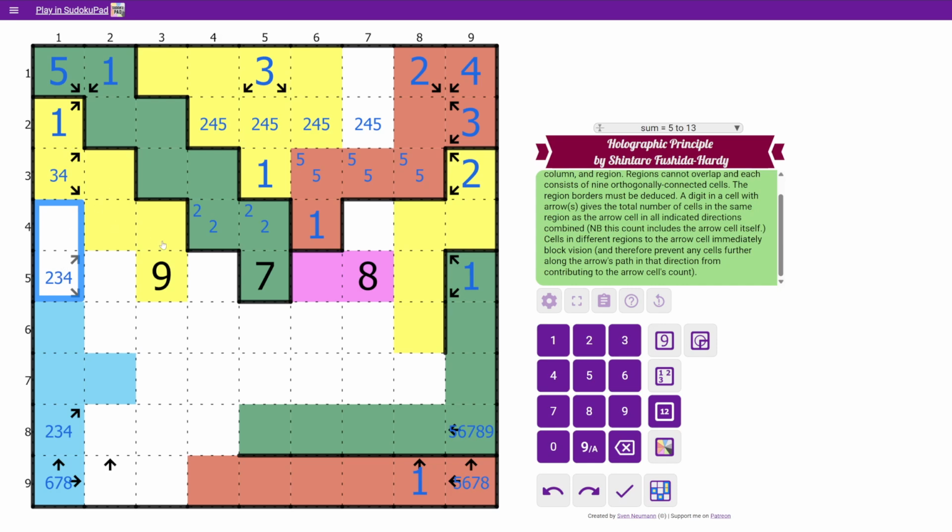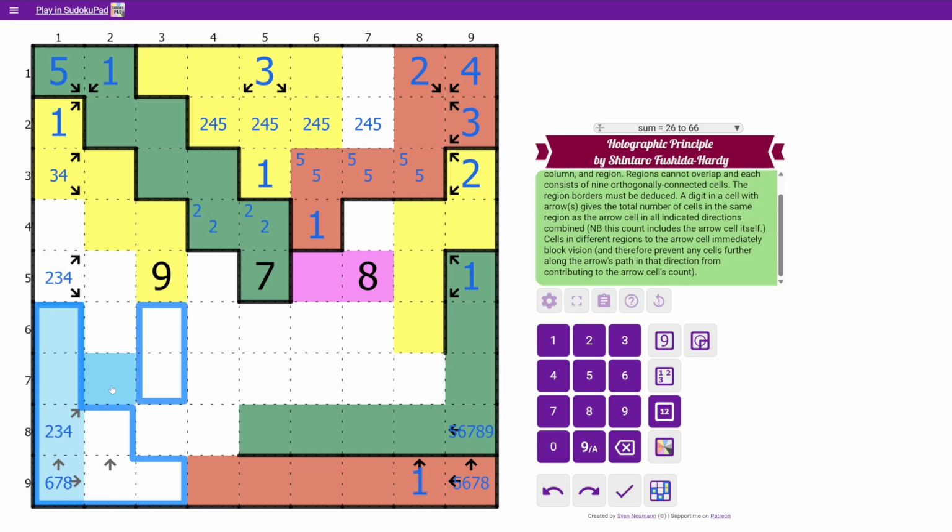So far it's at 4, 5, 6, 7, 8, so it gets one more. This would have to be two, and then yellow would get just one more. But it would also make all of these blue, therefore all of those blue. This would be two, so this would have to be three. It would have to go there. It would have to get at least one more cell. This would be 1, 2, 3, 4, 5, 6, 7, 8, 9, 10.